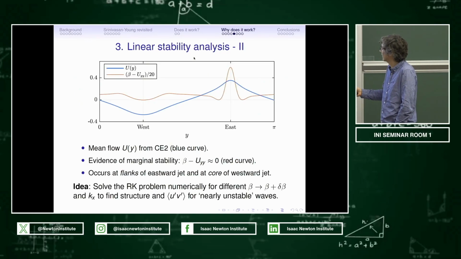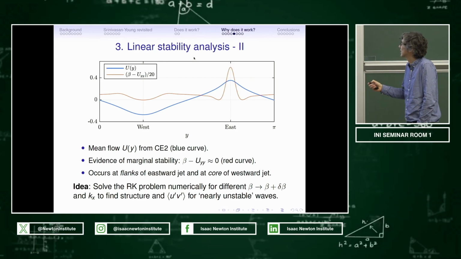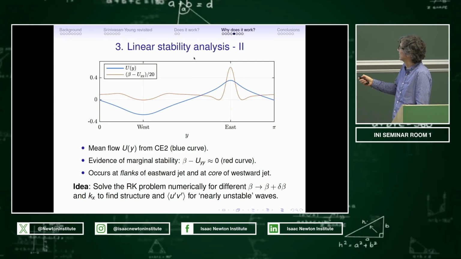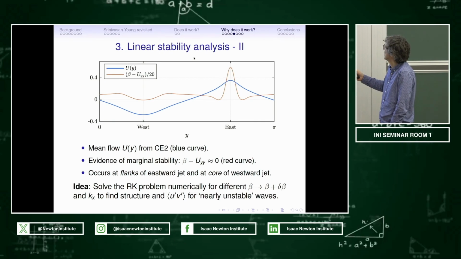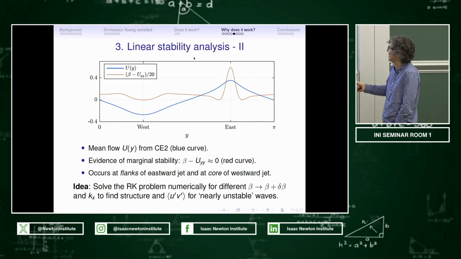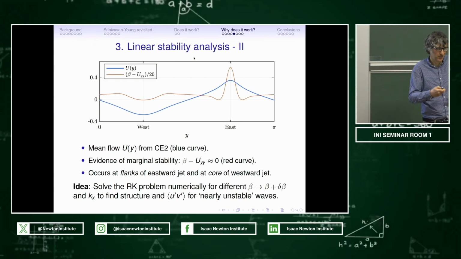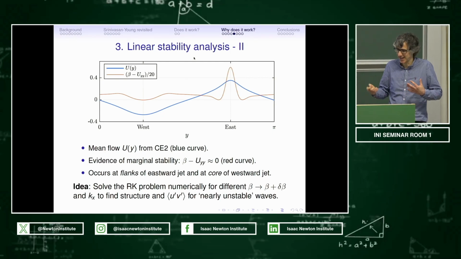So what does our flow actually look like when you calculate this absolute vorticity gradient? The velocity of our flow, the equilibrated flow, is this blue curve. You can calculate the vorticity gradient, and you find that there are places where it touches 0, showing some evidence of marginal stability, because the flow is close to the situation where the Rayleigh-Kuo criterion is satisfied.